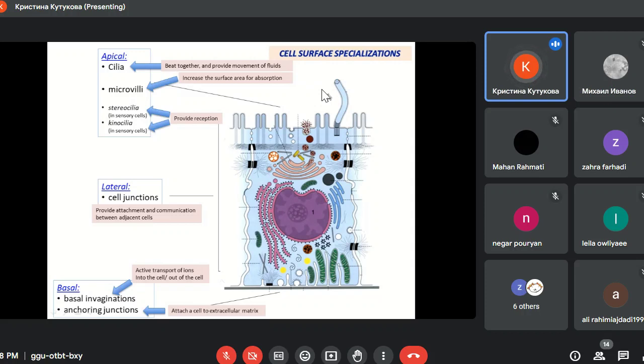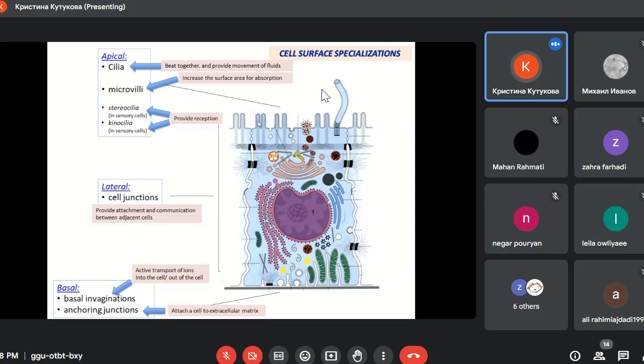They make it together, and while they do so, they move the fluid that covers the surface of such cells. So the beating of a lot of cilia helps to move the fluid which covers the apical surface of such a cell. For example, in the cells of trachea, the epithelium of trachea.